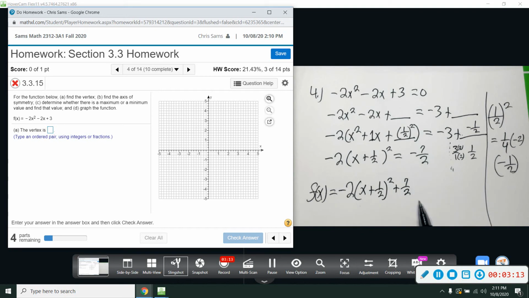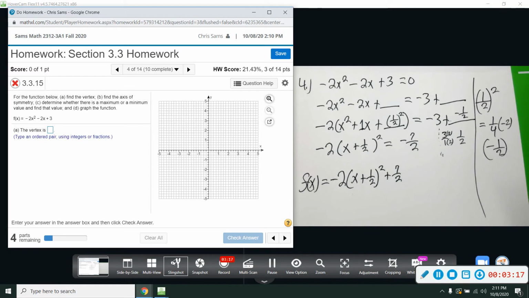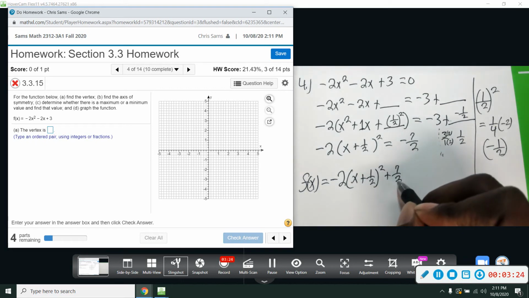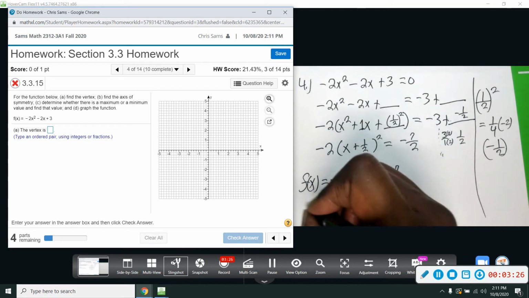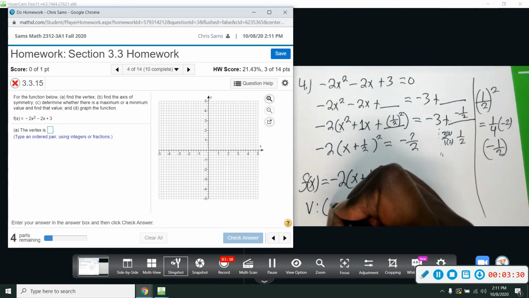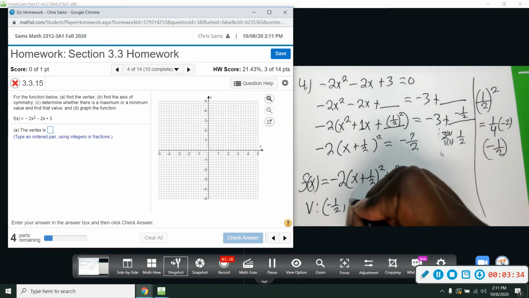So now we're going to answer these questions: vertex, axis of symmetry, minimum or maximum value, and we're going to graph it. We're going to start out with the vertex, which is going to be the opposite of the x value, so negative 1/2 and positive 7 over 2.